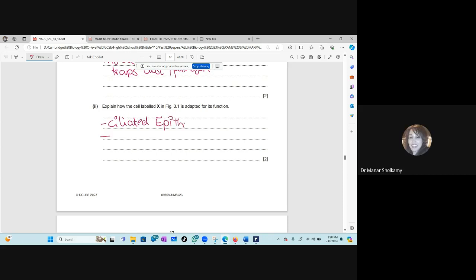It doesn't push, it will sweep. It will sweep the mucus, which contains bacteria, away from the lungs, in order to prevent infection and protect the lungs. Correct.